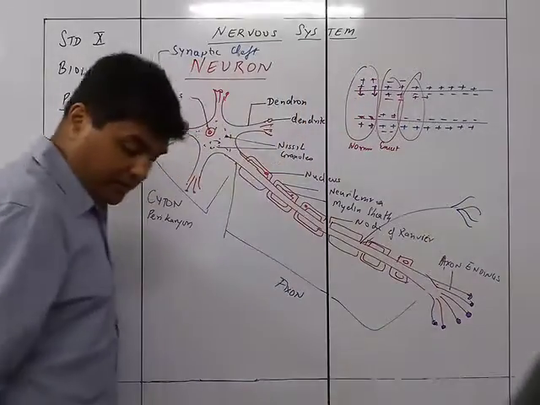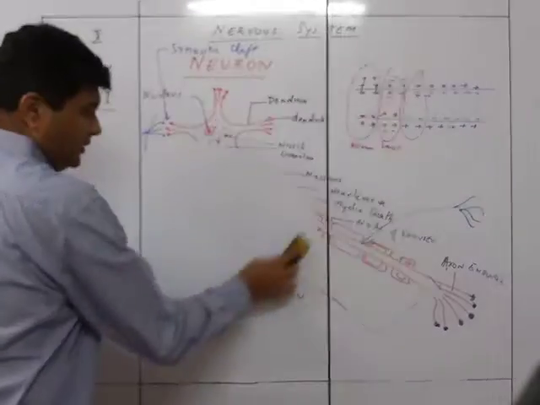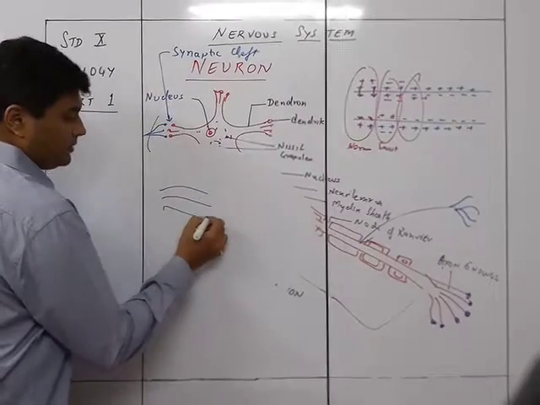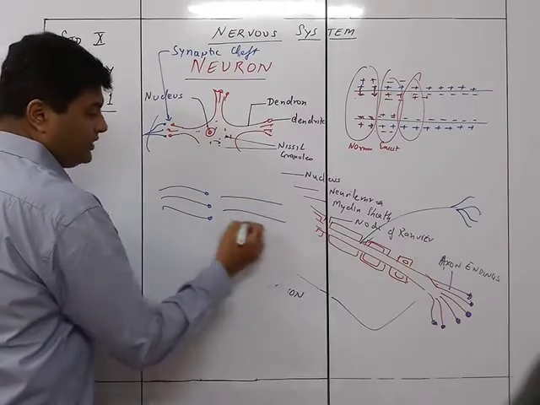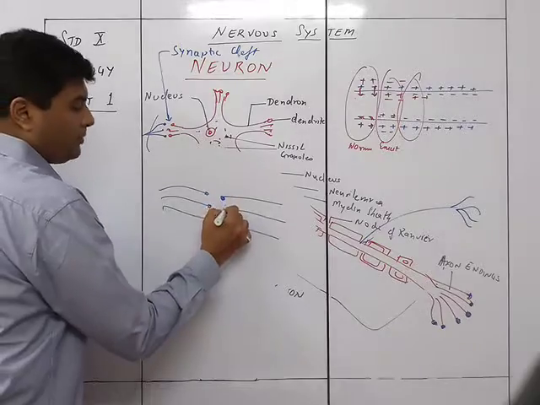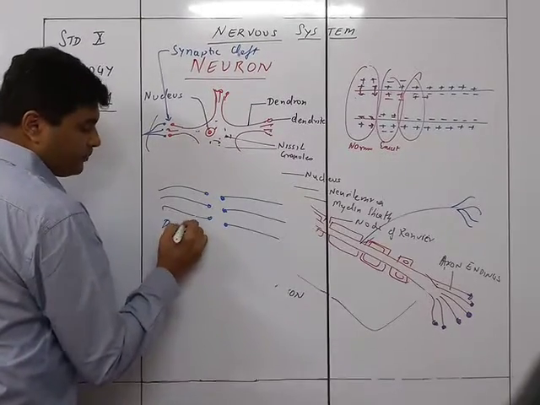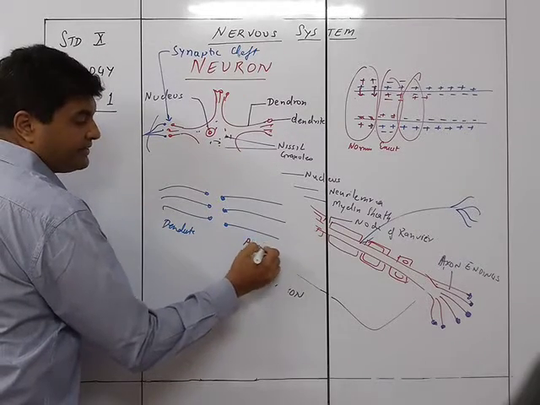So we see over here that in this case, I'll just write here, if this is a dendrite, the ends of the dendrite, and then these are the ends of the axon. So the impulse from the dendrite is going to go to the axon. So this is the dendrite and this is the axon, and there is a gap in between.